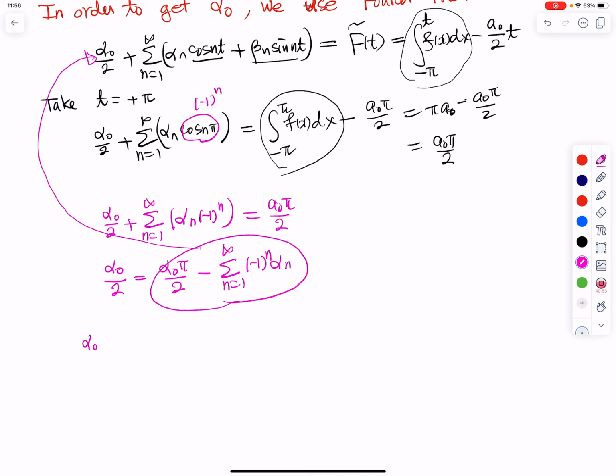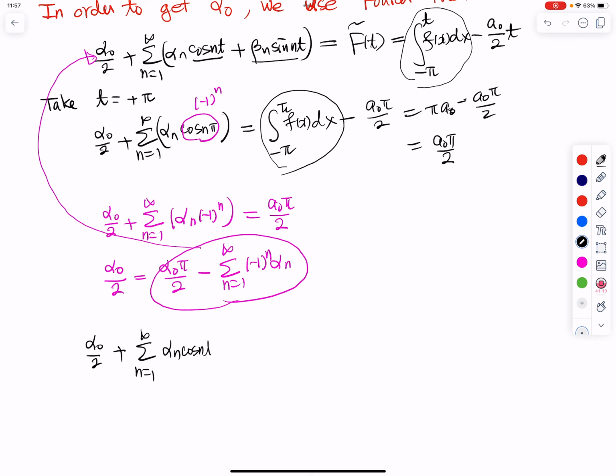Let me use another color. The Fourier series is alpha 0 over 2 plus the summation from n equals 1 to infinity of alpha n cosine nt plus beta n sine nt.